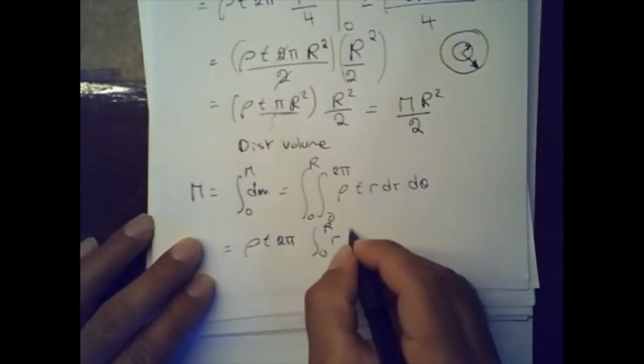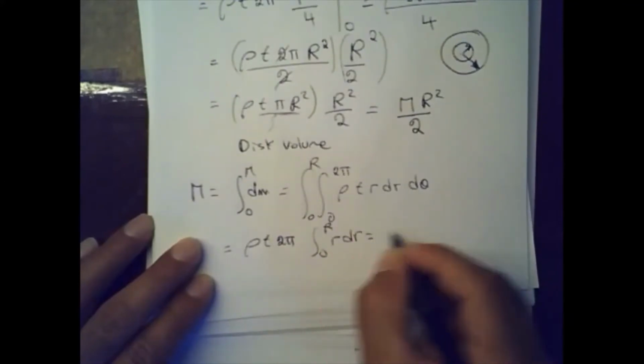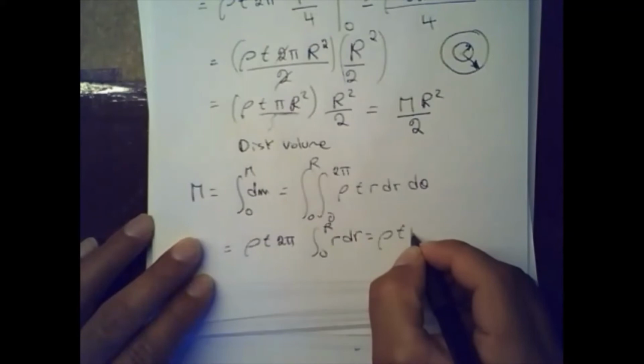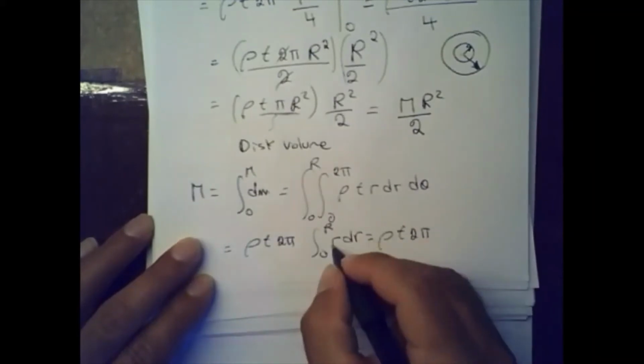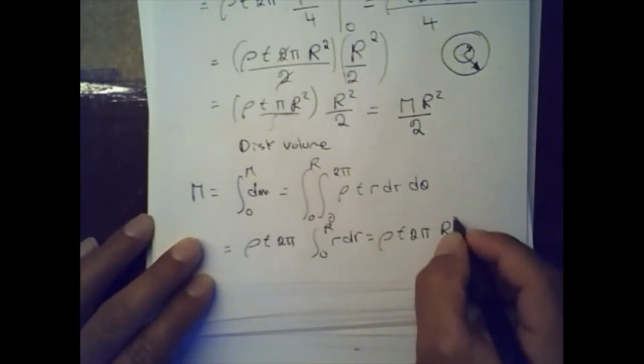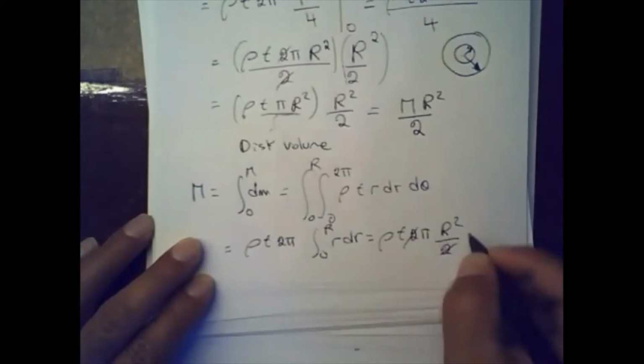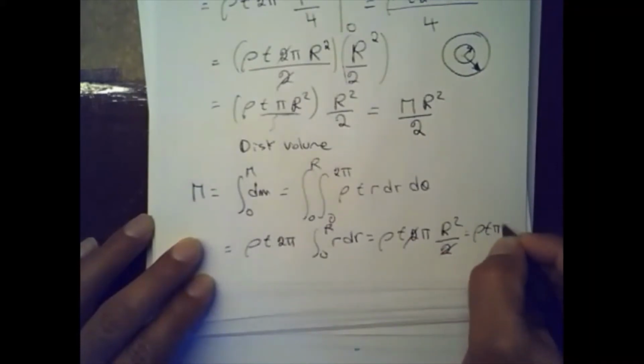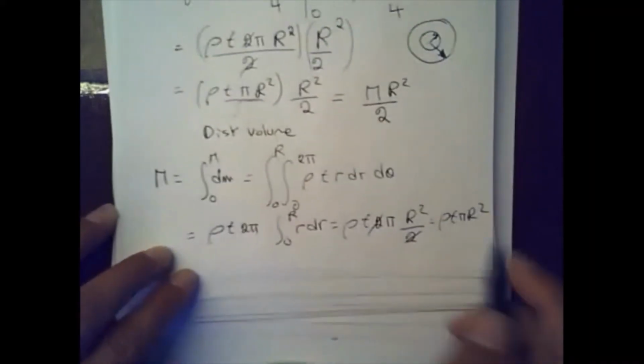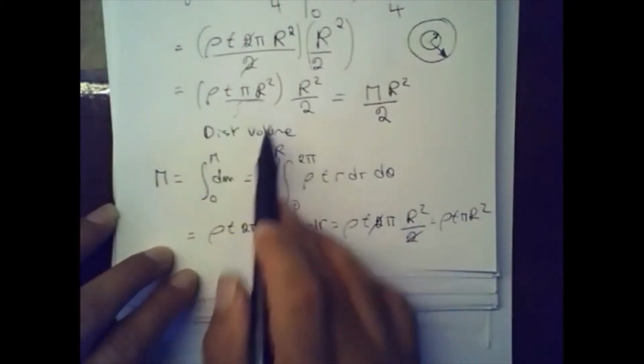I have r dr, and that would be rho t 2 pi. This guy is r squared over 2, becomes r squared over 2 like that, and rho t pi r squared, right? Which is exactly what we did, as this is your mass.